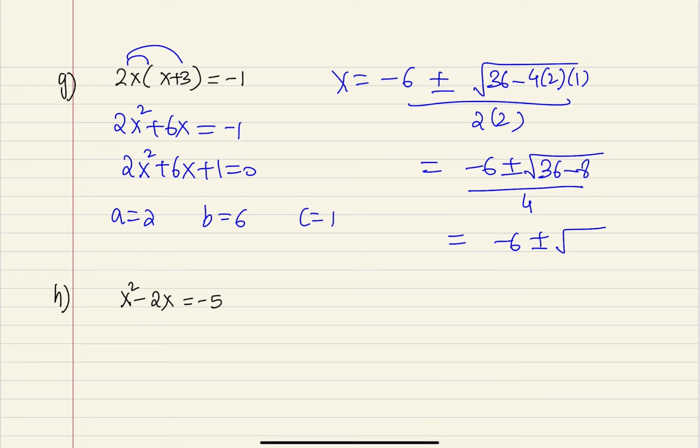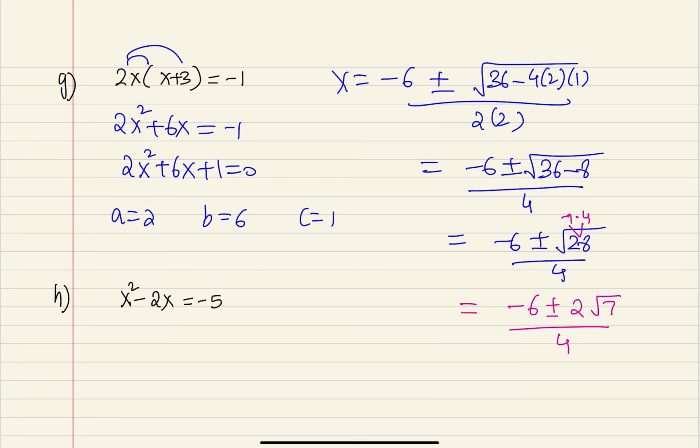Now 36 minus 8, we can subtract that and simplify inside the square root. That would be 28 inside the square root. And we can break that 28 into 7 times 4, which means we can pull a 2 out of the square root. So negative 6 plus minus 2 root 7 divided by 4.